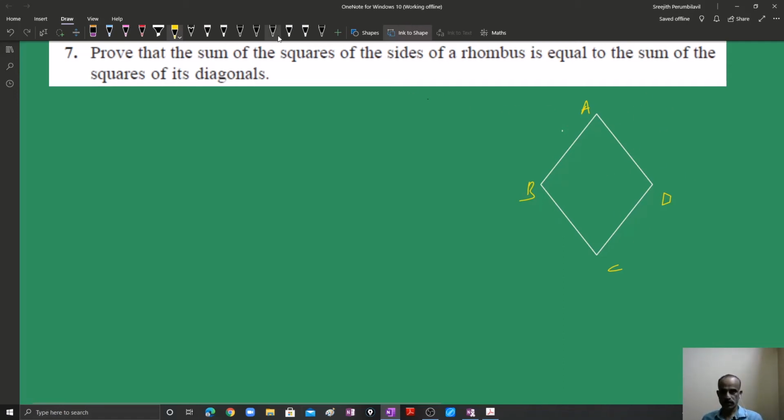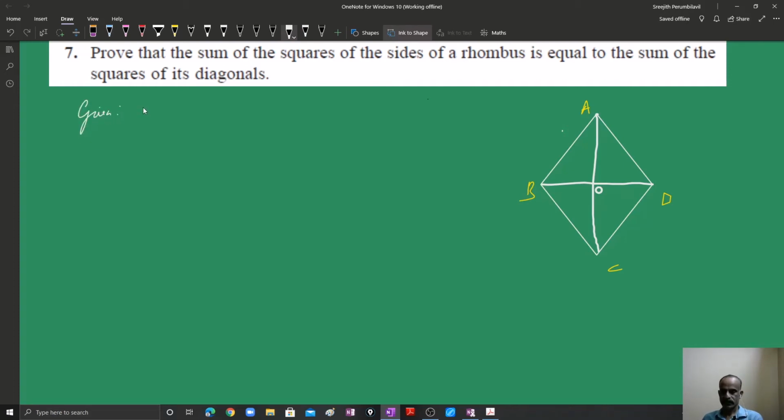So let us draw the diagonals. The diagonals meet each other at O. Fine. So what is given?